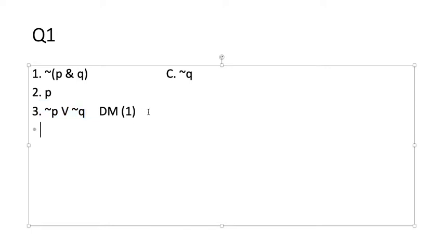Okay, and this is a good thing to do because look at what I have on line 2. I have P. If I have P on line 2 and I have on line 3 not P or not Q, then I can do disjunctive syllogism.